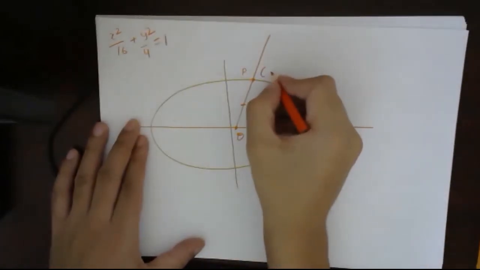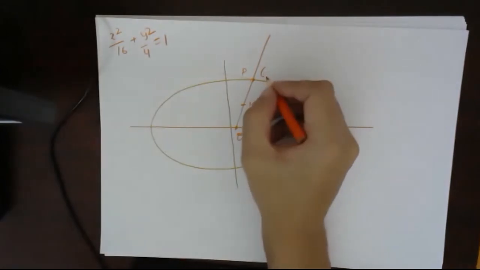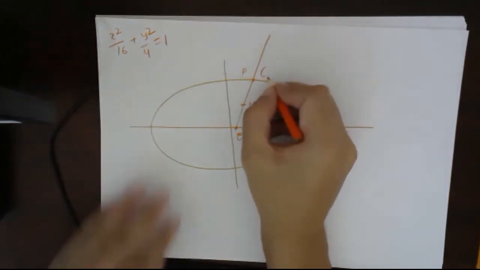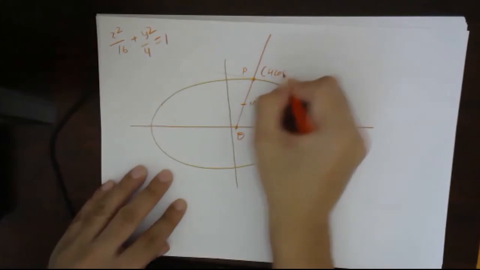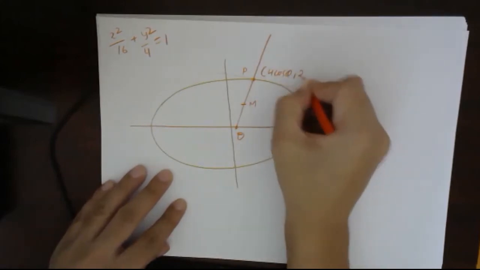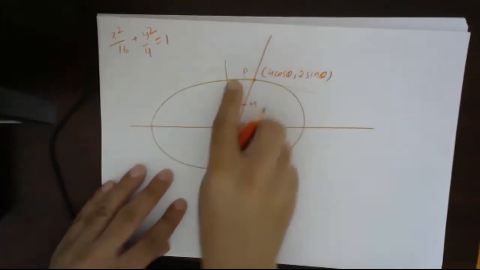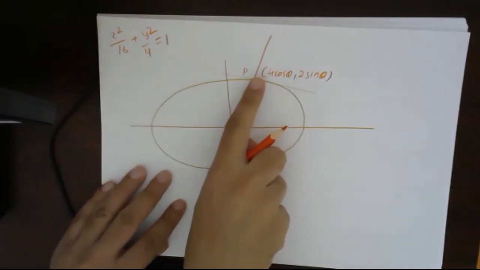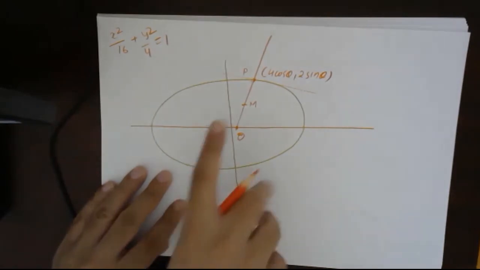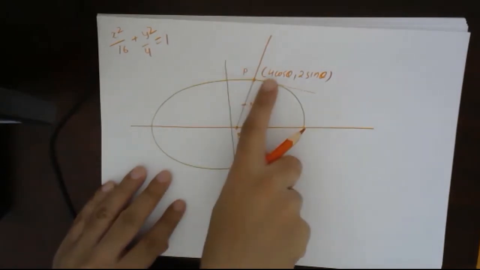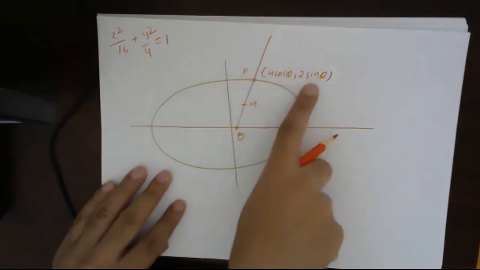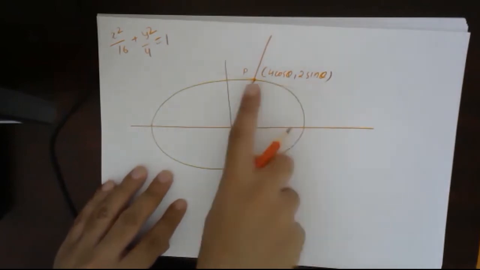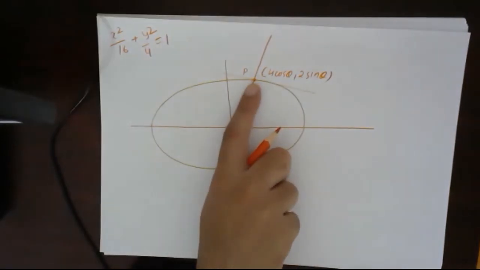So the polar coordinate will be 4 cos theta, comma 2 sin theta. Yes, correct, Rahul, very good, excellent. So this point P is 4 cos theta, comma 2 sin theta. This point P we have written in polar form.